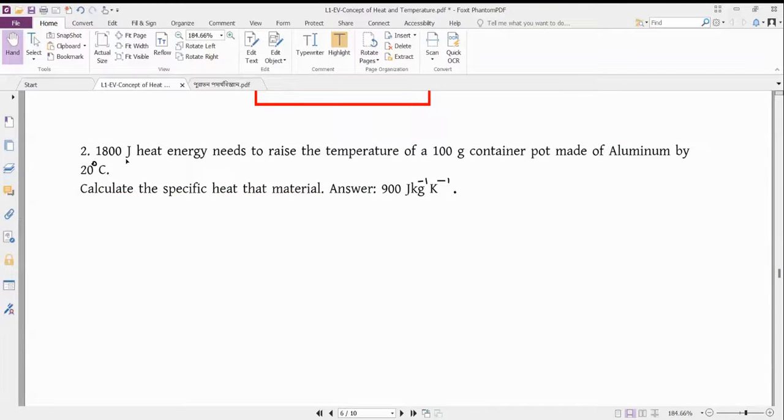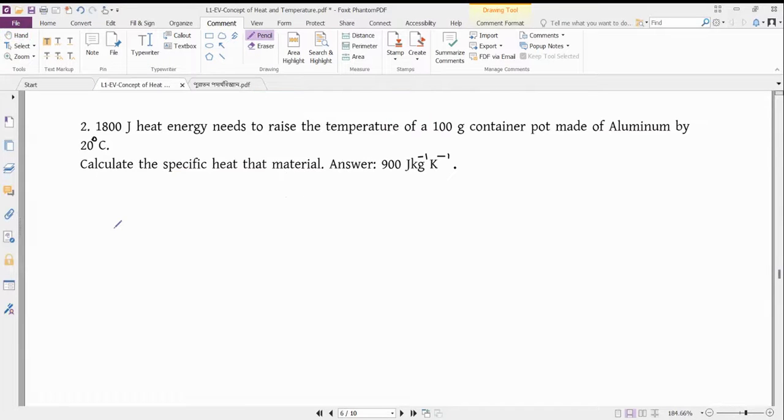The question is that 1800 joule heat energy is needed to raise the temperature of a 100 gram container pot made of aluminum by 20 degrees Celsius. Calculate the specific heat of that material.